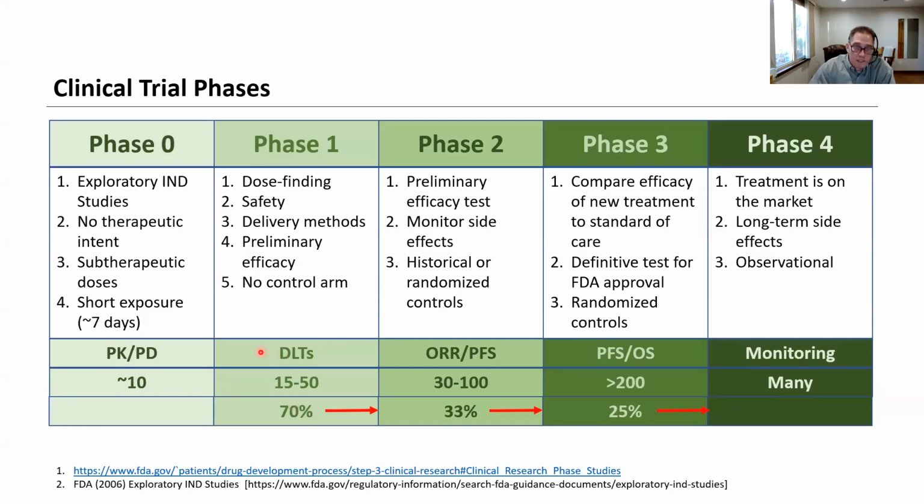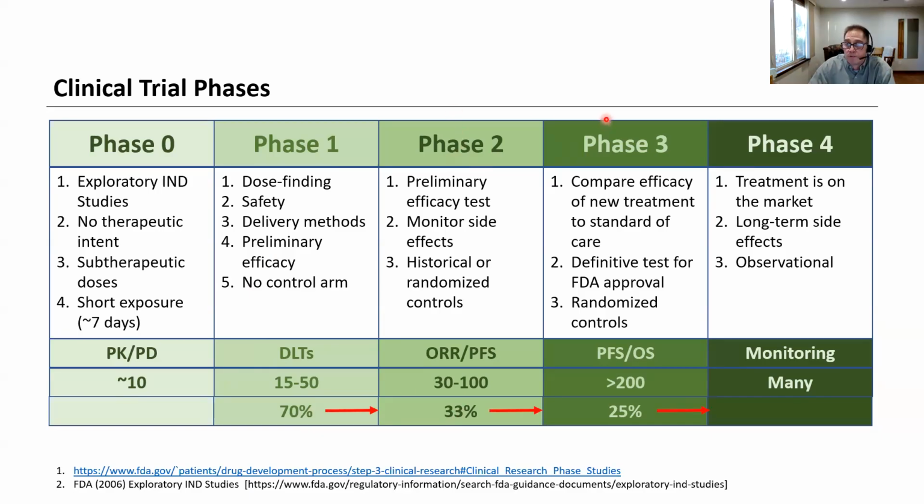The primary endpoint is dose-limiting toxicities, anywhere from 15 to 50 odd patients, although we did have one GOG 9929 that had upwards of 450 patients in it, multiple arms. About 70% of phase one studies result in a phase two study.